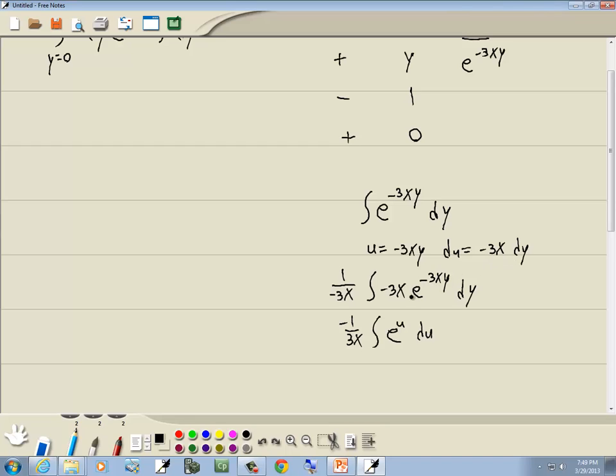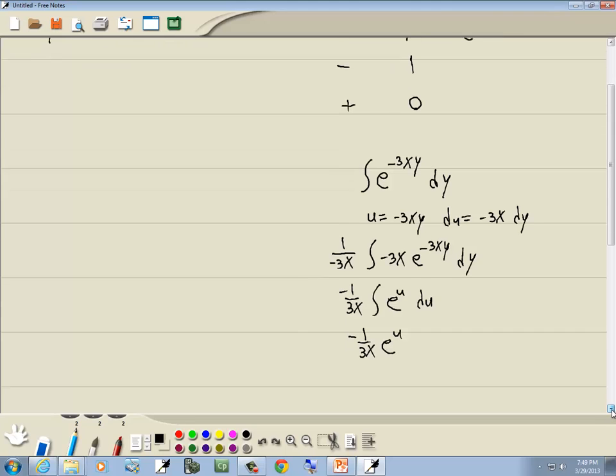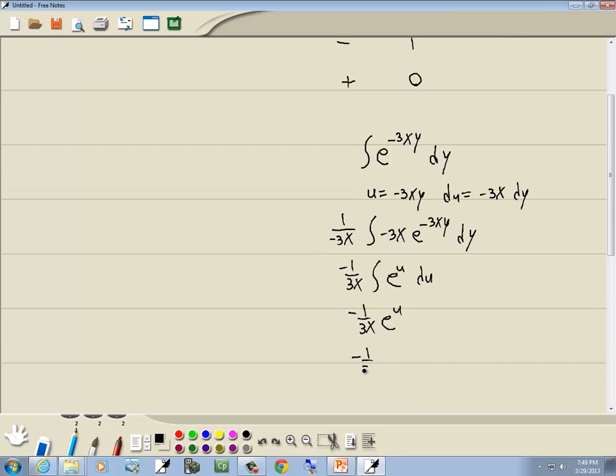The negative 3x dy gets replaced by du, and then this negative 3xy in the exponent gets replaced by u. And then the integral of e to the u is e to the u. And then we plug our u back in, and we got e to the negative 3xy.